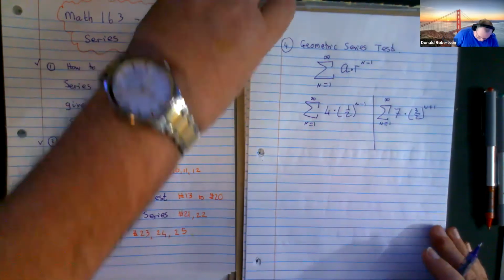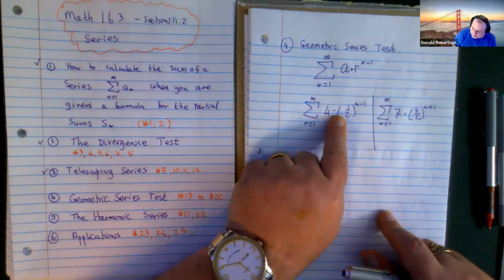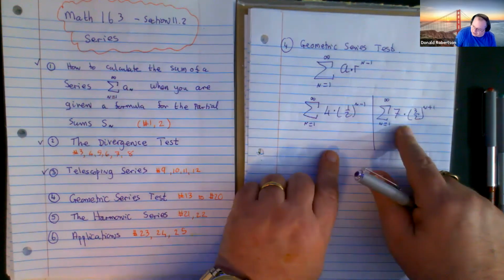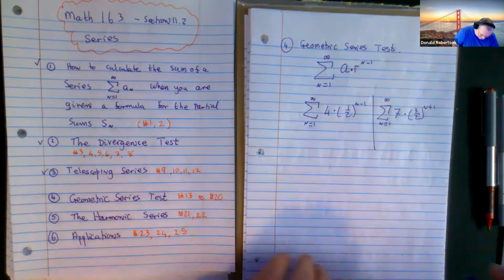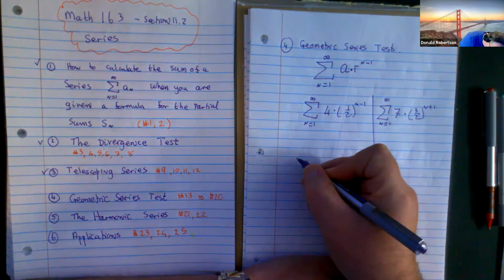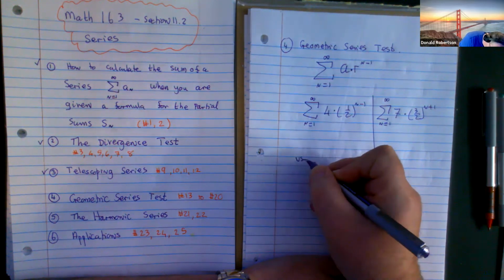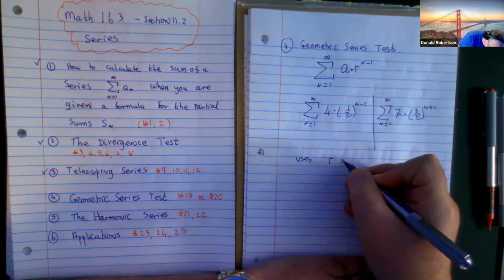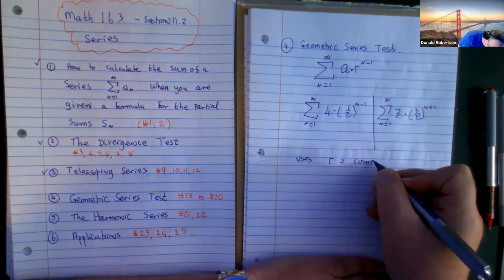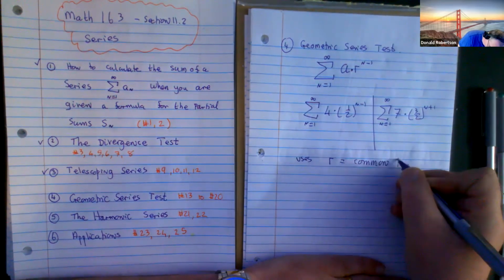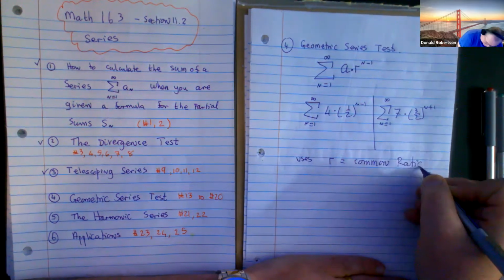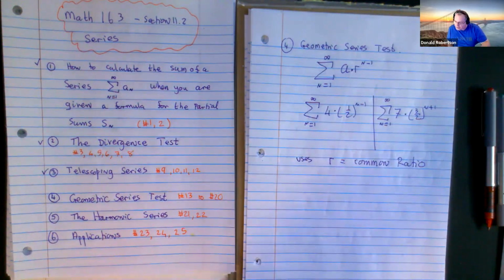How does it say this one converges, which by the way it does, but this one diverges, which it does? It's a very simple test. It uses r, right? And r is the common ratio. Remember the number you multiply one term by to get to the next number, you multiply it by that to get the next number and the next number, right? That's the guy that's called r.